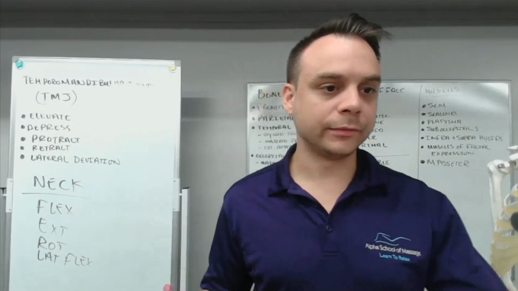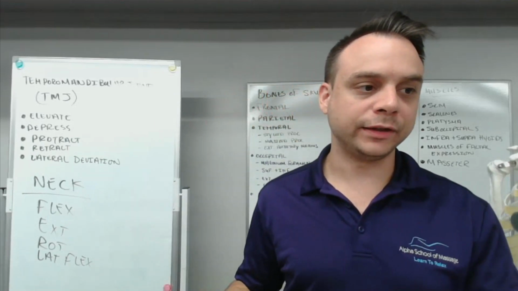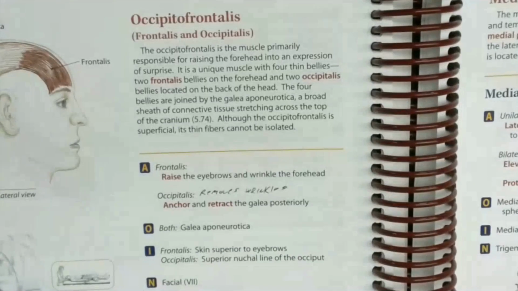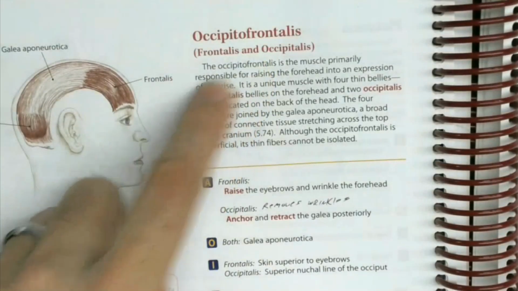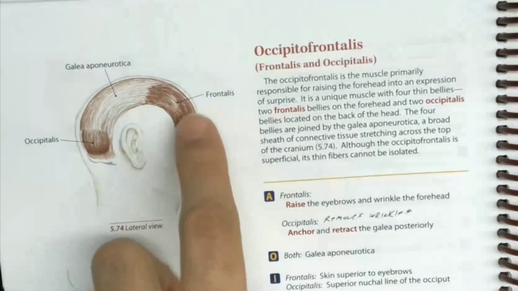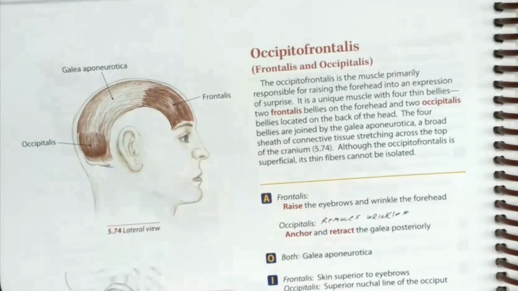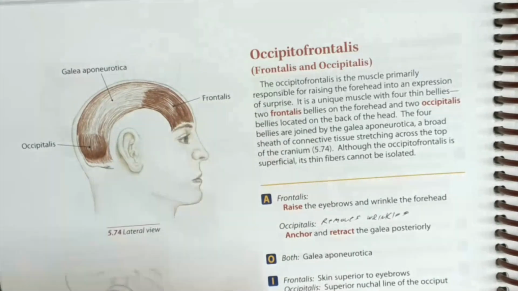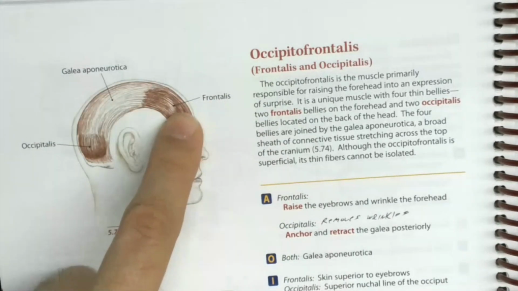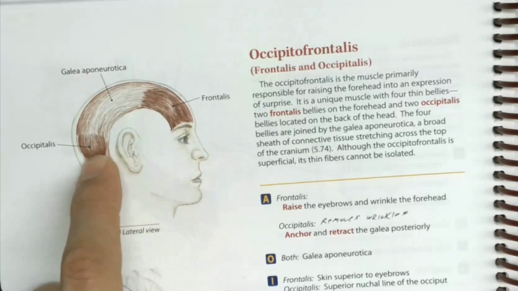Another muscle here, just briefly mention. I'm not going to say that's super crazy to learn, but we have what's called the occipitofrontalis, which is actually two different muscles. It's called the frontalis muscle and the occipitalis muscle. The frontalis muscle raises the eyebrows and furrows our eyebrow ridge. And then the occipitalis just kind of tightens up at the back of the skull.